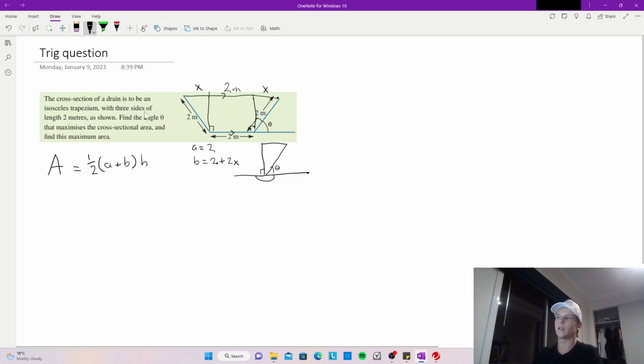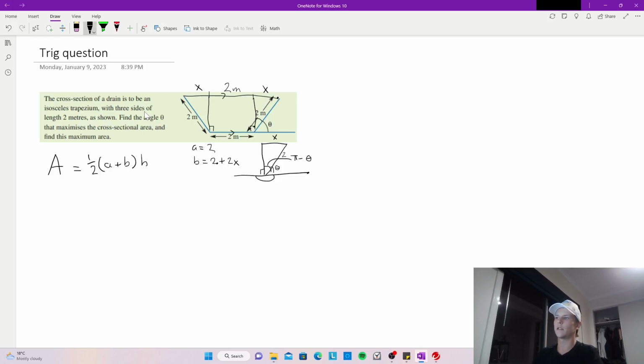We know that this angle in here is therefore going to have to be pi minus theta, because this is 90, so we have 90 left for this side, and we know this angle is theta, so the interior angle here is pi minus theta, which we'll be able to use in a second, and we know this side is 2.